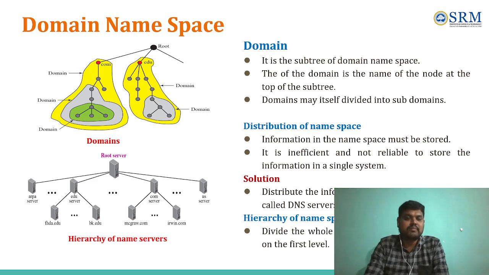The root server will give you the details about the domains. If it ends with .edu or .com or .org, then you can easily identify the domain of a particular namespace or system.